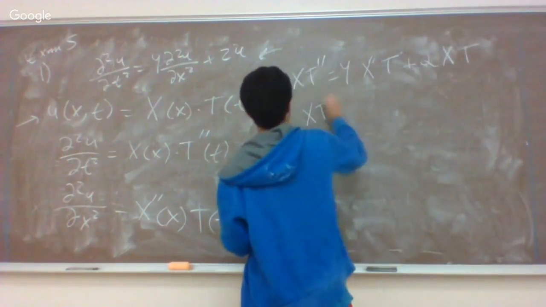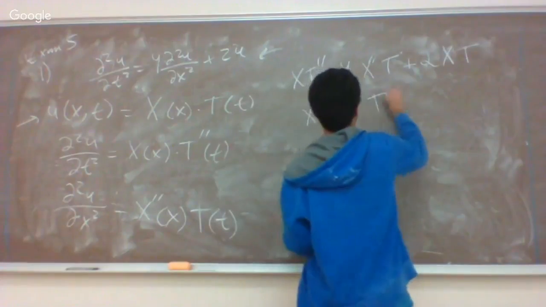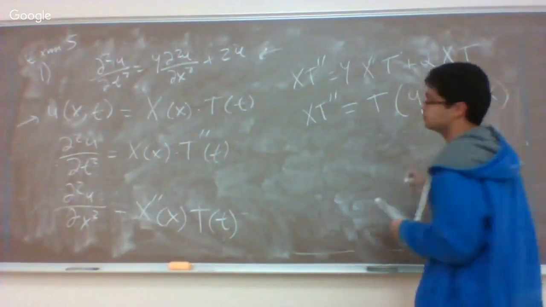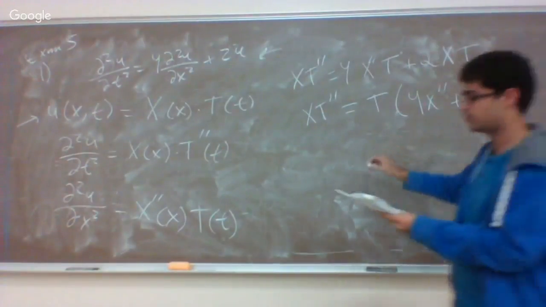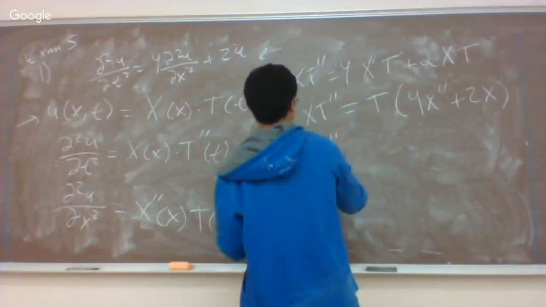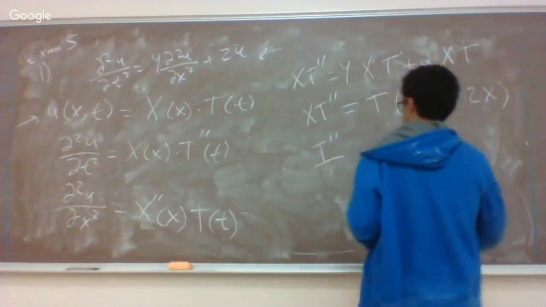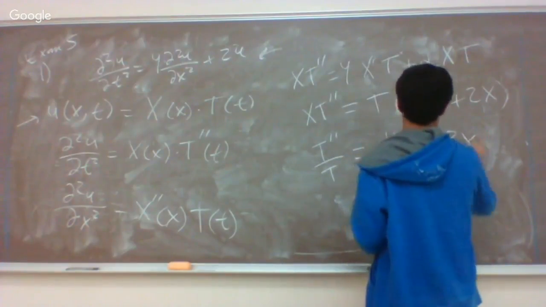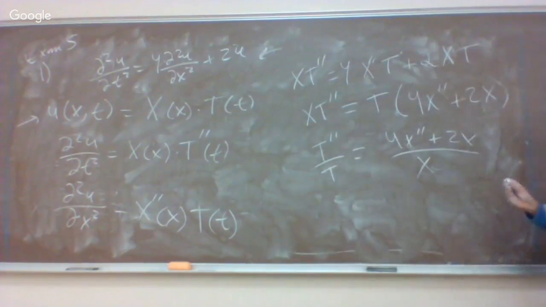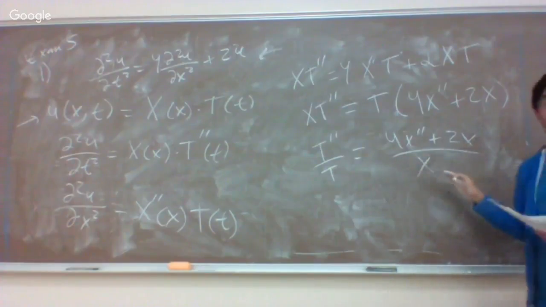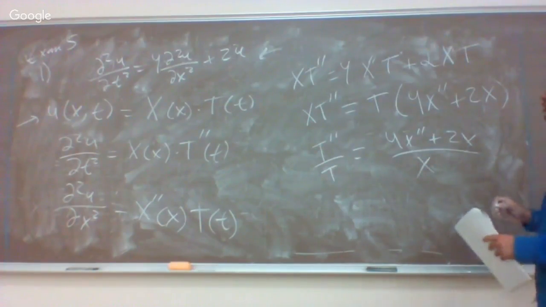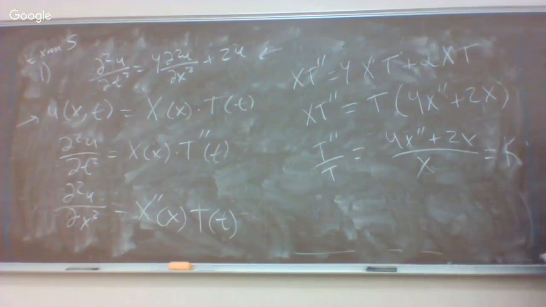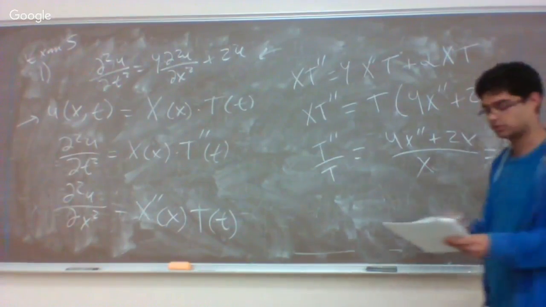So I have X T double prime equal to T times 4X double prime plus 2X. Dividing by X T on this side, I have T double prime divided by T equal to 4X double prime plus 2X divided by X, right? They are both equal, so I can set this equal to a constant.